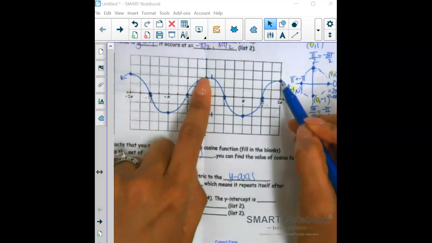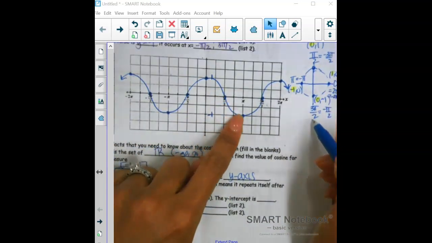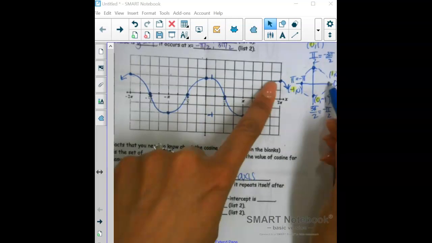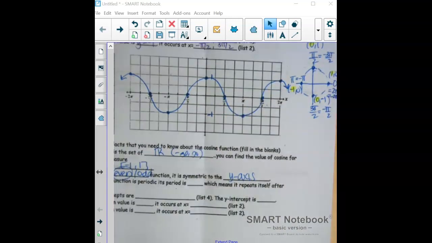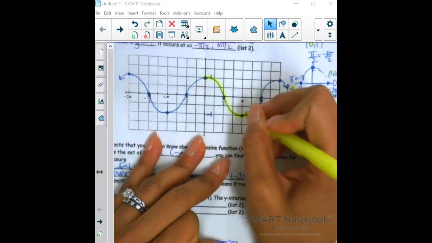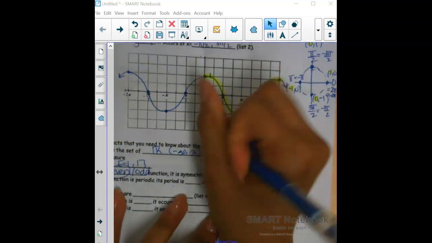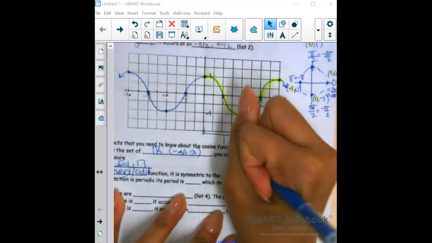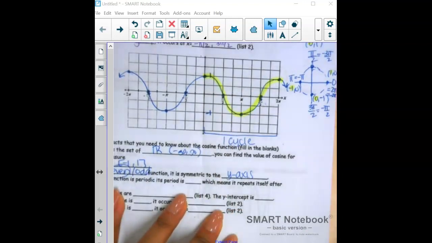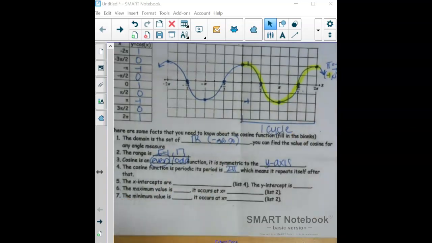So look up. It's going to go down. On the other side, past 2 pi, it's going to reach some minimum and then curve right back up, just like it did. So it's going to keep doing that on every single side. So let me highlight this portion here, and I'm going to write this underneath that this is one full cycle. And then for item number 4, this is the same period, which is 2 pi.